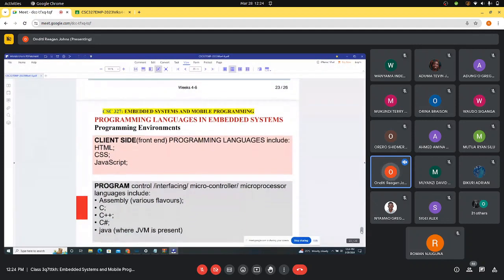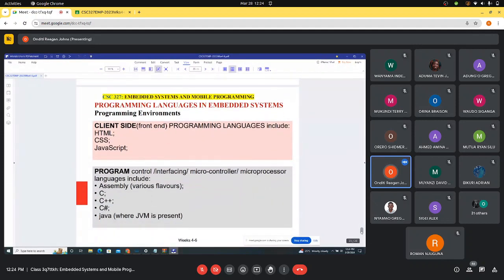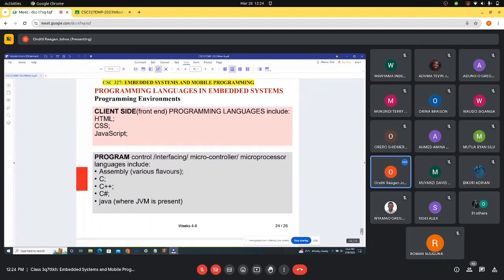On the client side, the common norms are the CSS, the Javas, the HTMLs, and so on. For microcontrollers, microprocessors, and interfacing, I'd say it's the assembly language, the C++, the C#, and Java could also be used.